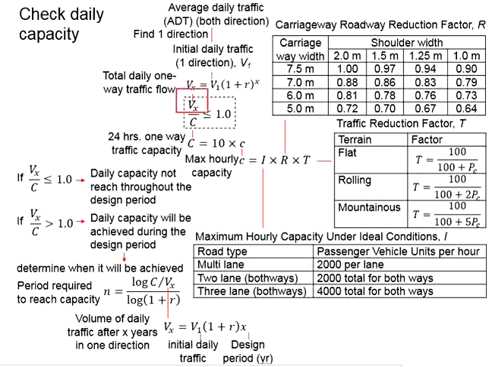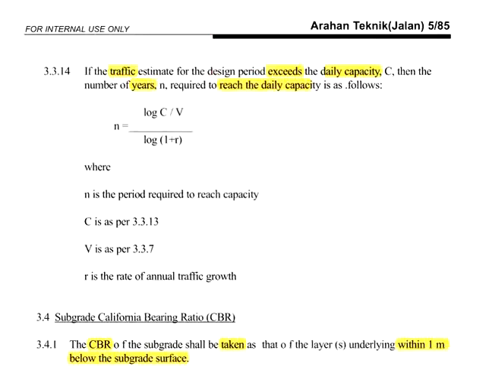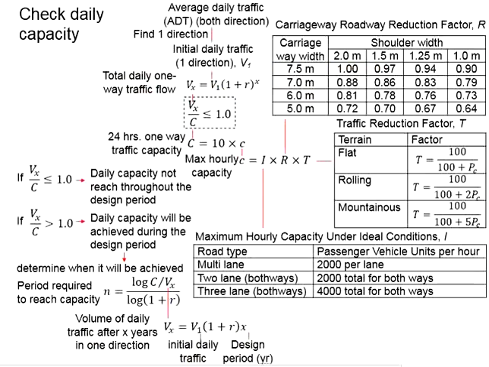Now, if the traffic flow is greater than the traffic capacity, this will end up with a ratio of more than 1.0. In this case, the daily capacity will be reached during the design period. Now you will need to determine when it's going to happen. The Arahan Teknik provides the equations for you to determine the number of years at which the traffic capacity will have been exceeded. We're going to discuss this later.